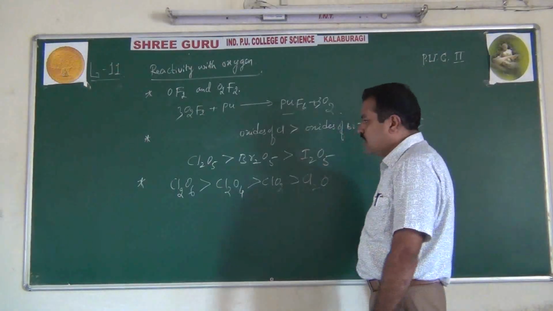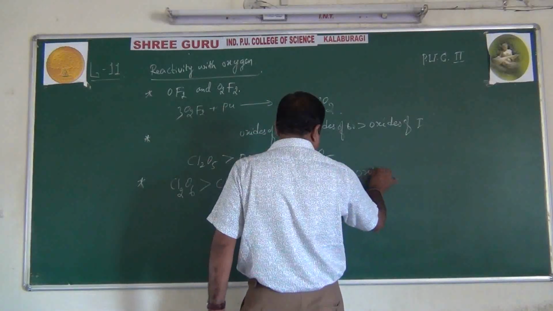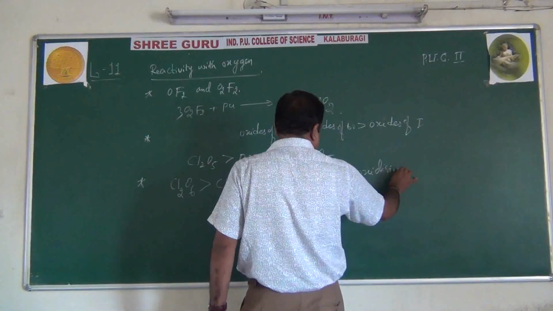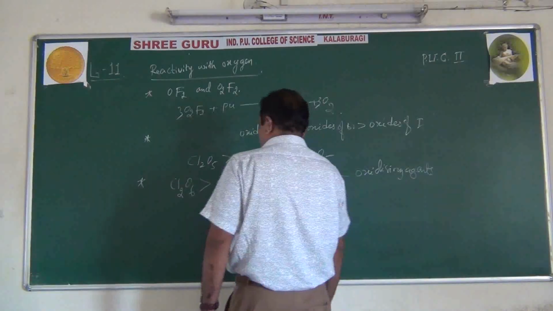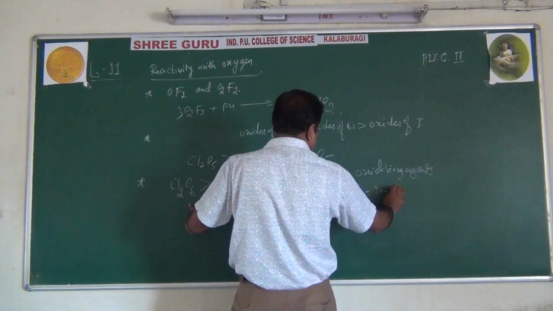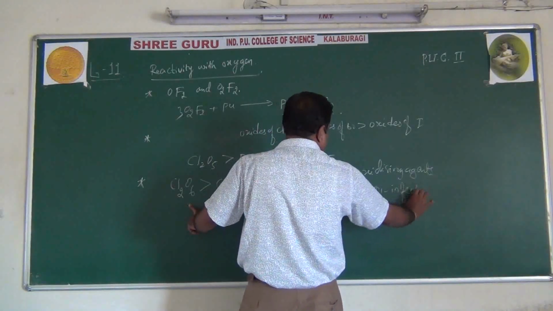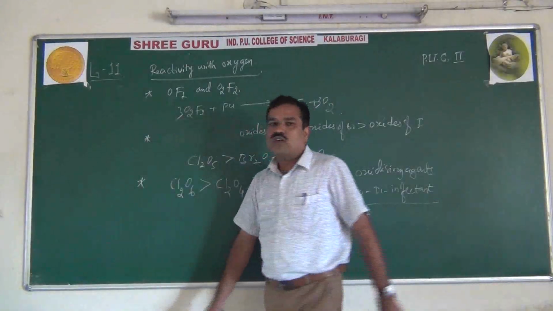Like this, they are stable. Not only this, all of these act as powerful oxidizing agents. Also Cl2O is used as a disinfectant in the purification of drinking water.